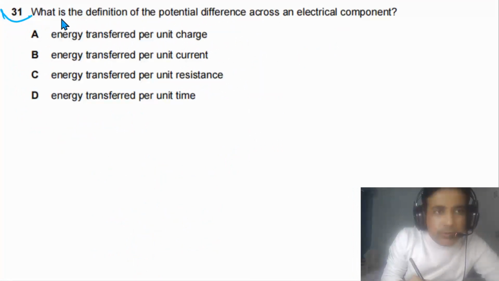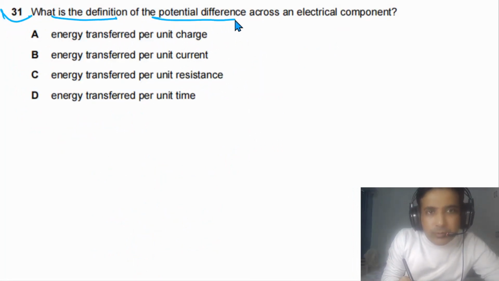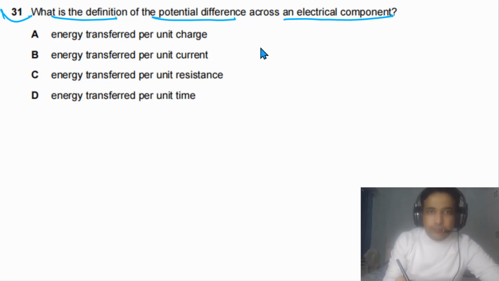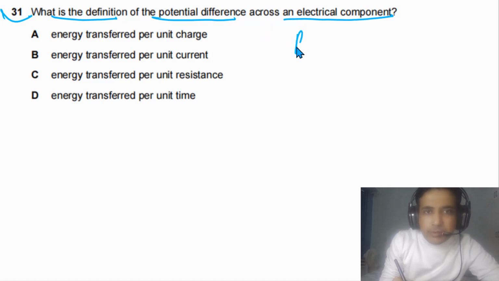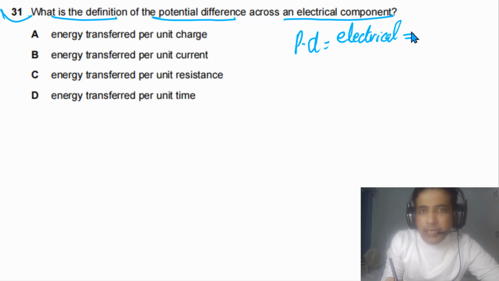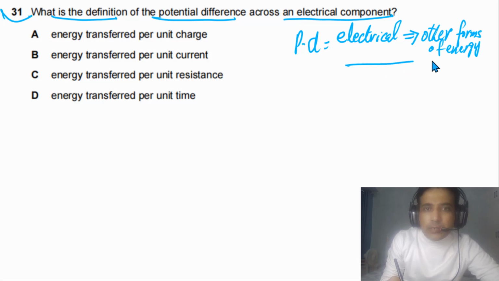Question number 31 says, what is the definition of the potential difference across an electrical component? Potential difference simply is equal to the amount of electrical energy converted into other forms of energy per unit charge.